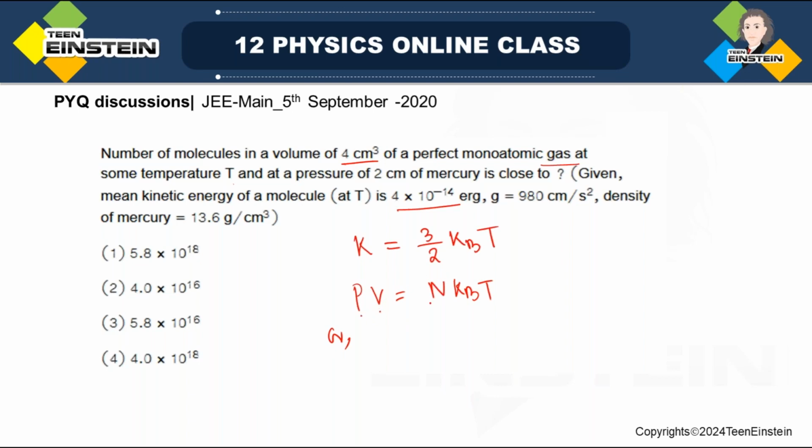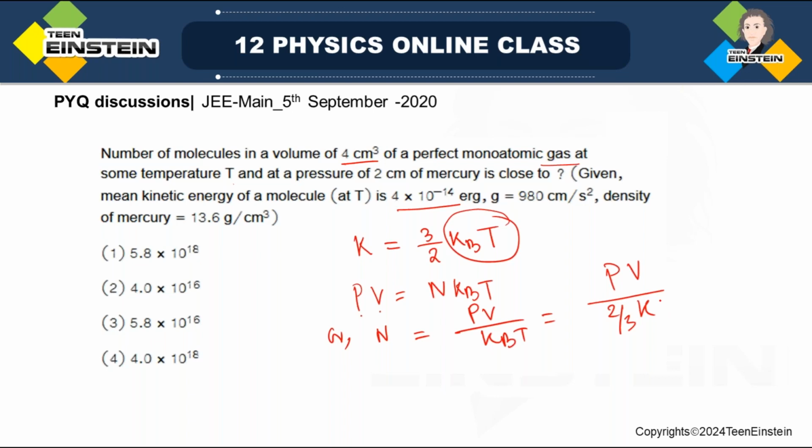So N is equal to PV by k_B T. Now for k_B T, if we put the value from here, in place of k_B T I'll write 2/3 of the kinetic energy. So this K is actually the kinetic energy.